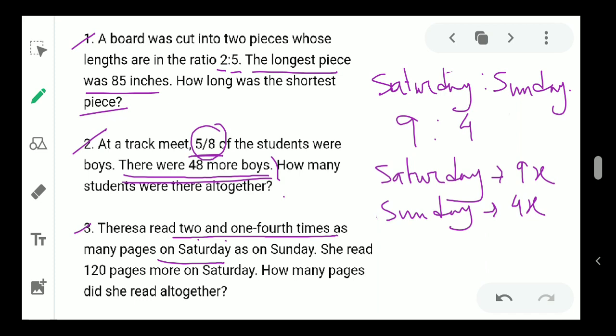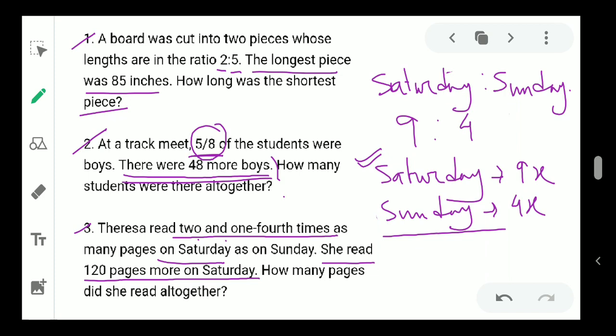Now she read 120 pages more on Saturday, so Saturday is the bigger one.